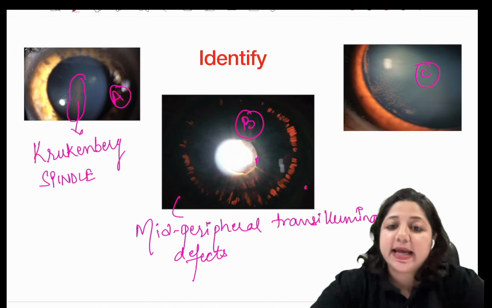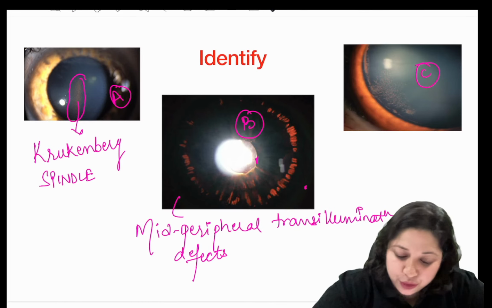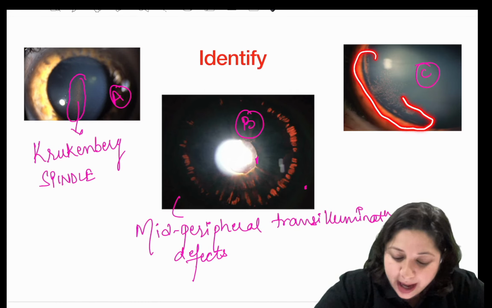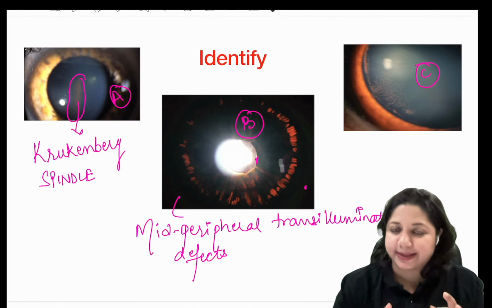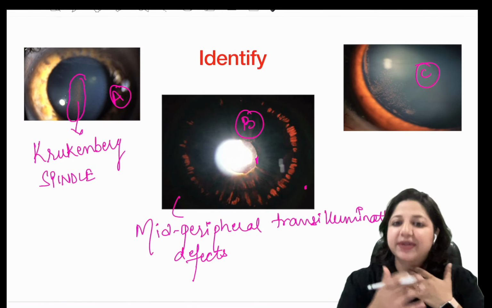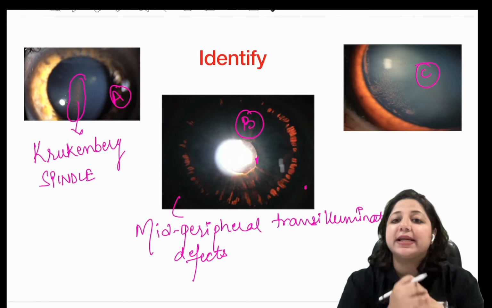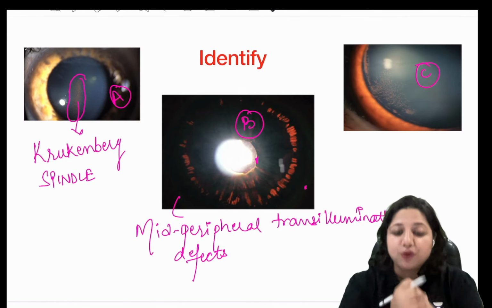Right? And what is C? And when we talk of C, I told you, you look here. So basically what you have is the deposits of pigment on the lens equator and the anterior lens surface near the equator. So what is this called?